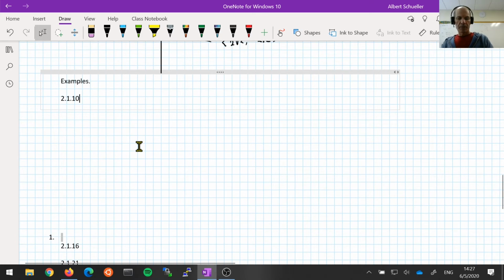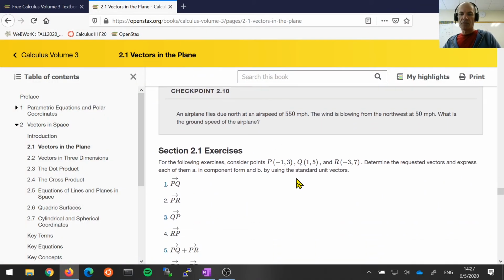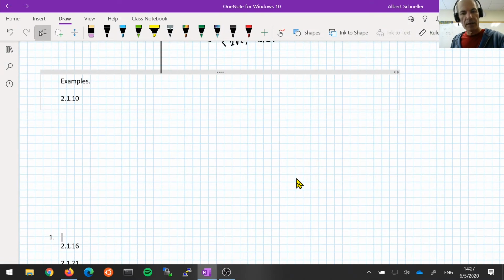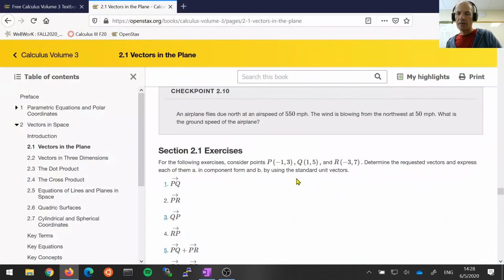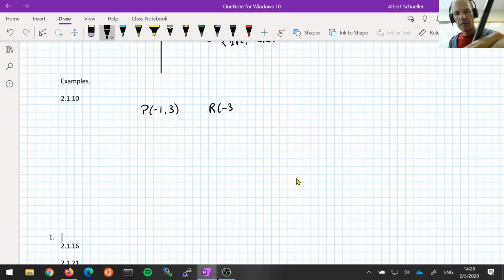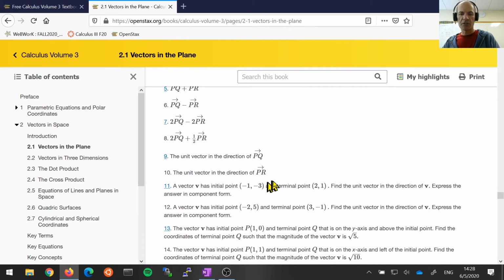Alrighty, so we know that P is at negative 1, 3, and R is at negative 3, 7, and we want to find, in number 10, the unit vector in the direction of PR.